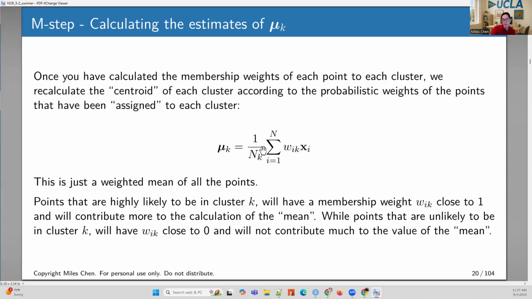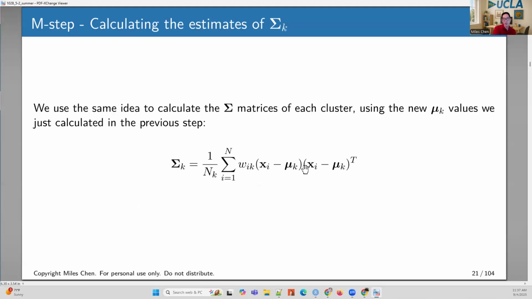So this will give us the weighted mean of the points that belong to cluster K. And we do something similar for our variance estimates. For variance, normally we just do x minus mu times x minus mu transpose. And here we're going to take that x minus mu times x minus mu transpose, but multiply it by a weight. Then we'll sum them up, and then we'll divide by the sum of the weights as well.